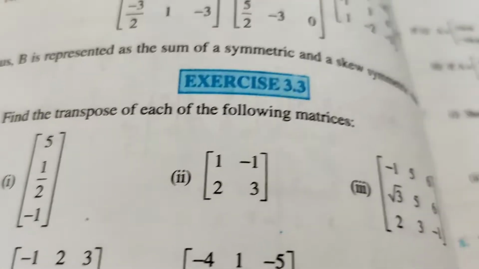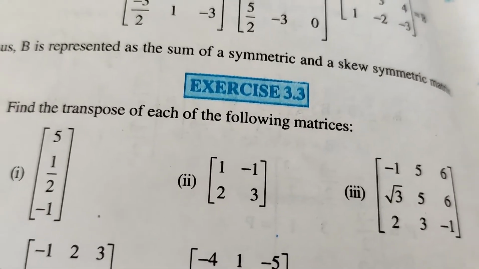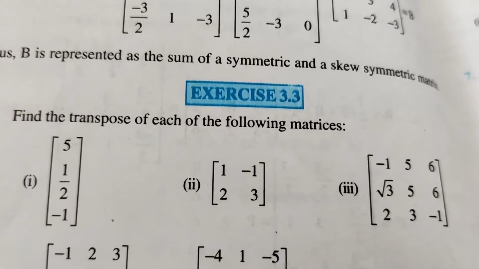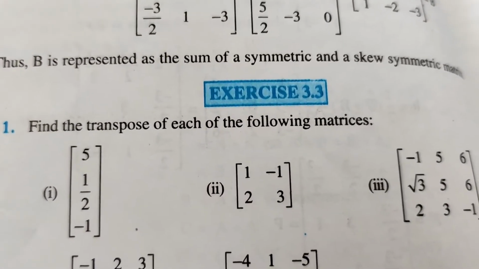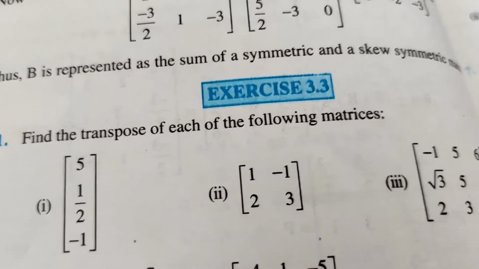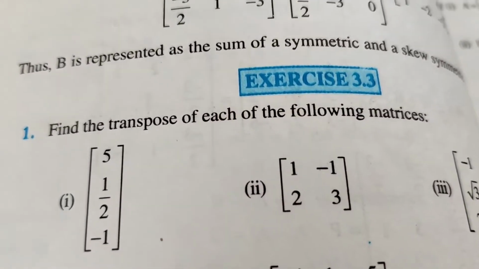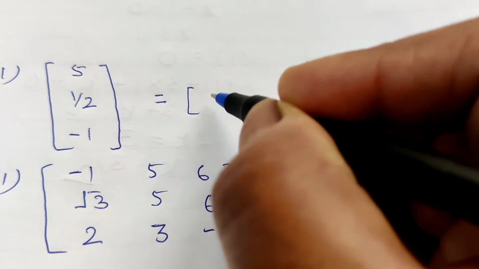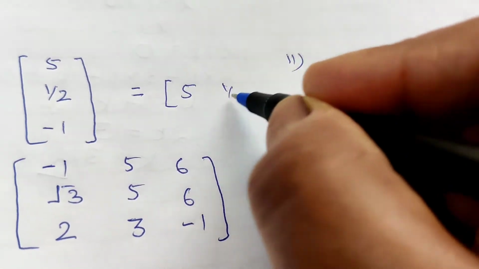Now the exercise based on these properties of matrices, exercise 3.3. Solutions of exercise 3.3. Question number 1: find the transpose of each of the following matrices. The transpose of the matrix 5, 1 by 2, 0: the column is converted into the row, giving 5, 1 by 2, 1.